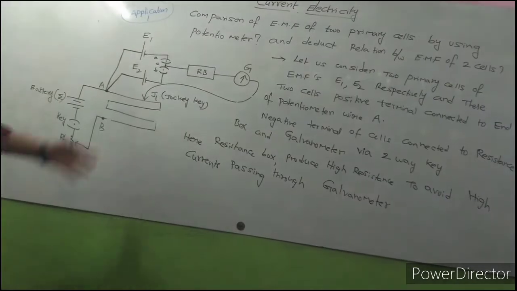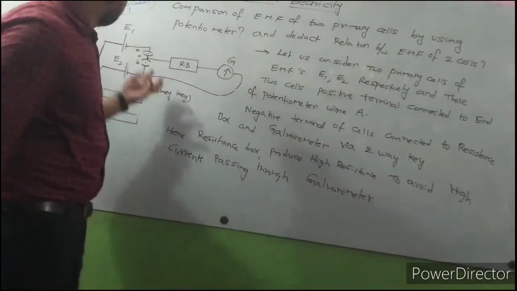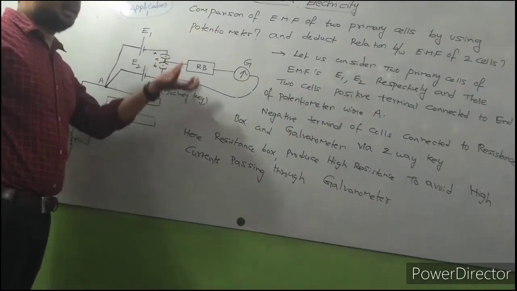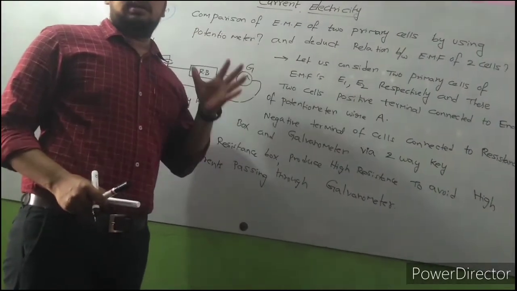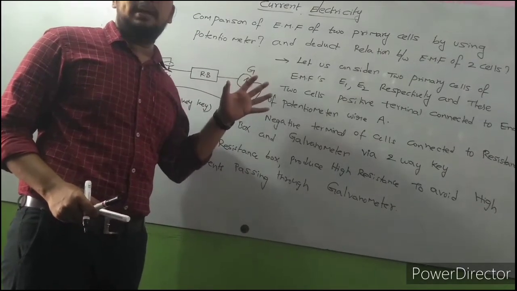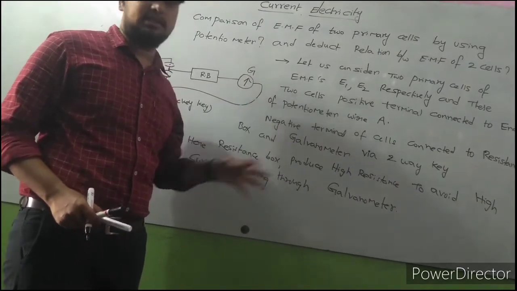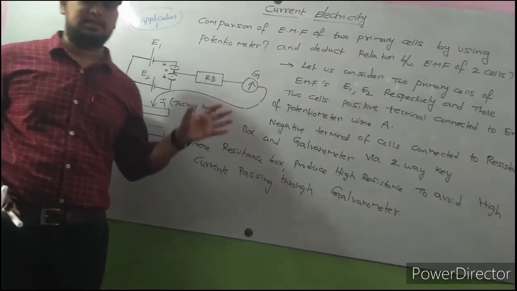Next, the resistance box produces high resistance to avoid high currents passing through the galvanometer. And when the potentiometer works, the current passing through it must be maintained constant, and the cross-sectional area of the wire must be constant.